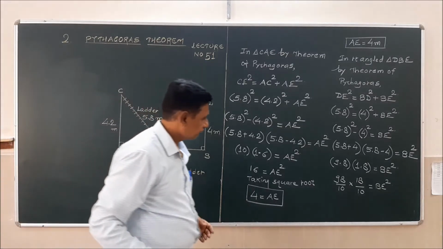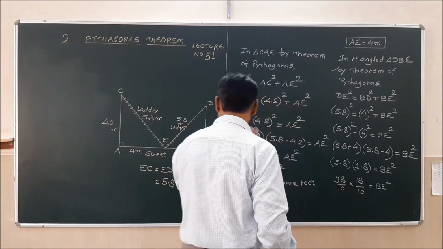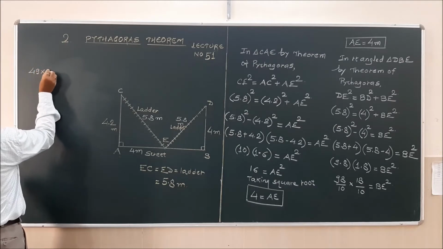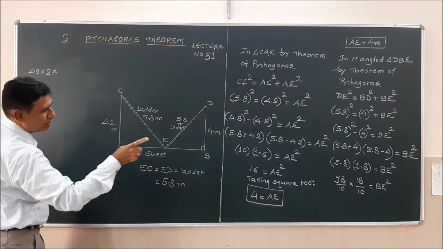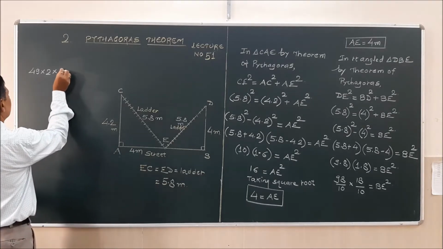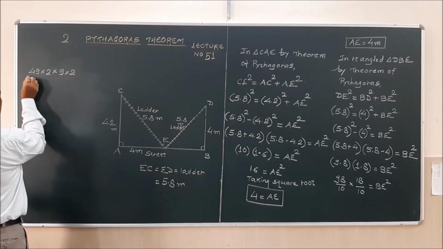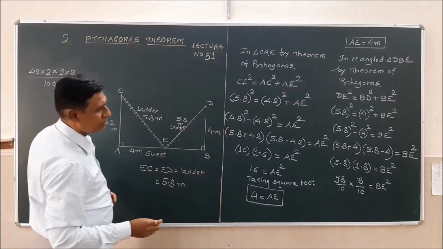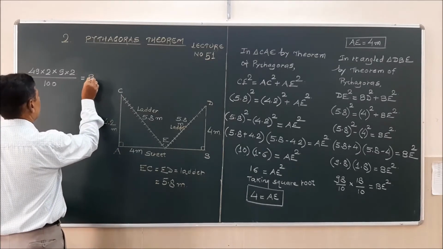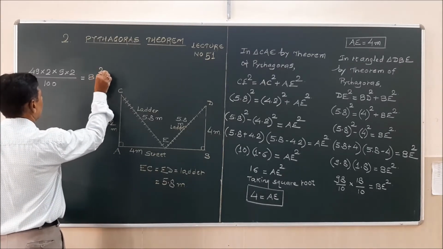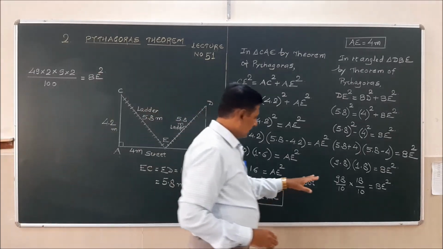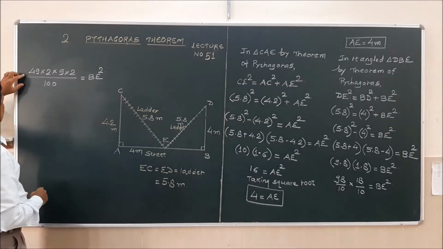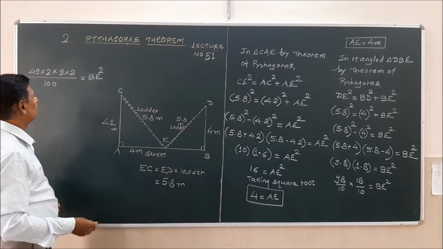Now please see here. 98 into 18. 98 I split as 49 into 2, and 18 I split as 9 into 2, upon 100, that is equal to BE square.